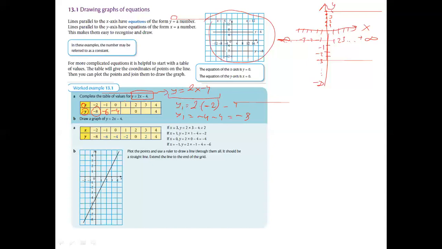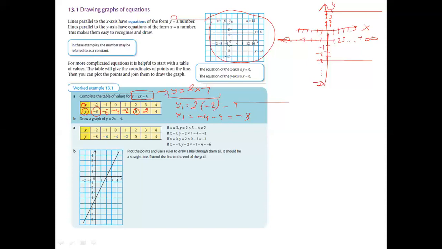When you put x equal to 1, you will get minus 2: 2 times 1 is 2, and 2 minus 4 is minus 2. When you put x equal to 2, 2 times 2 is 4, 4 minus 4 is 0, and 3 times 2 is 6, minus 4 is 2.